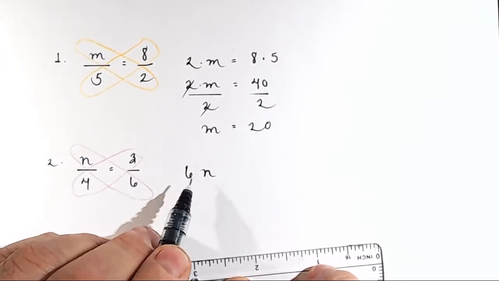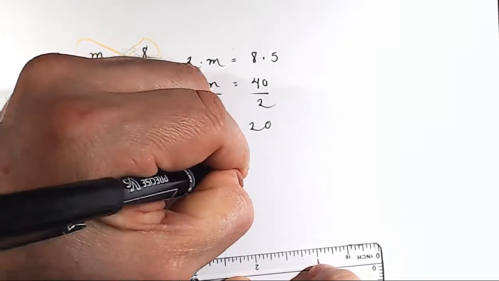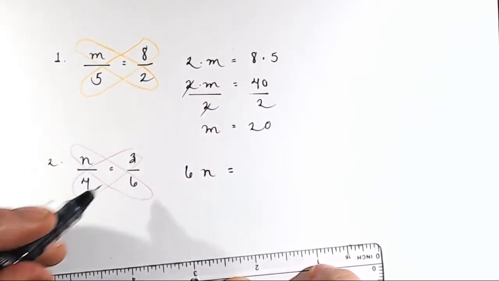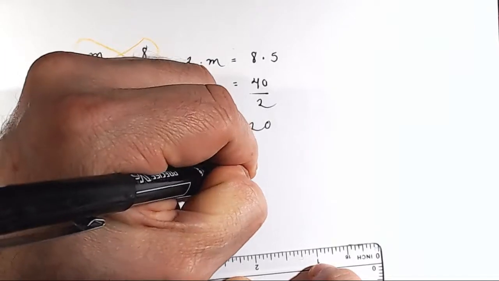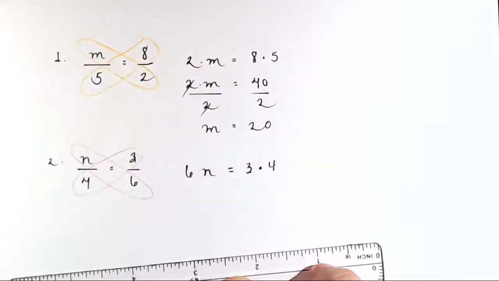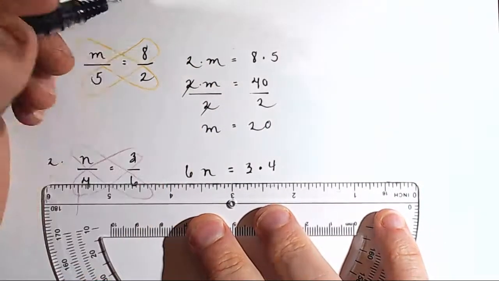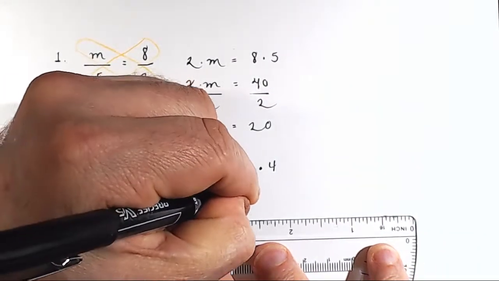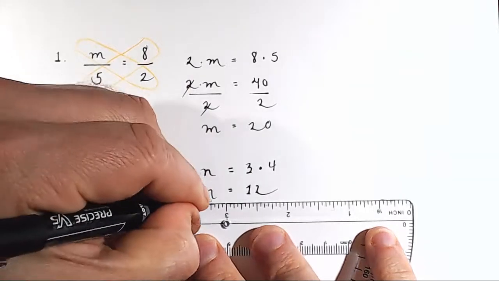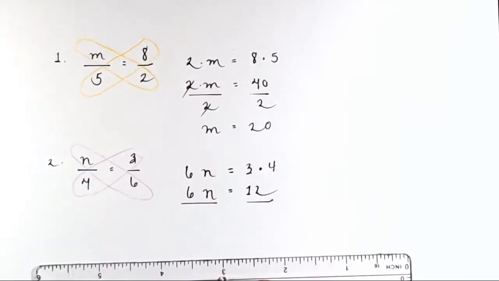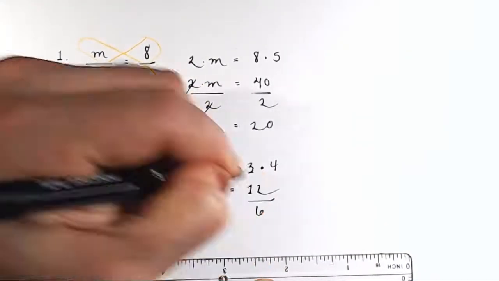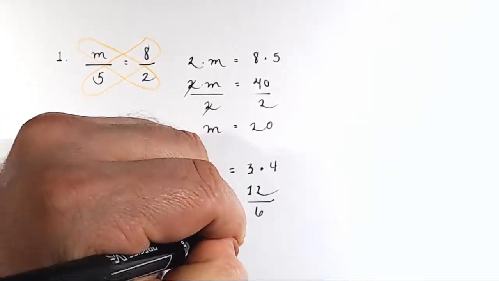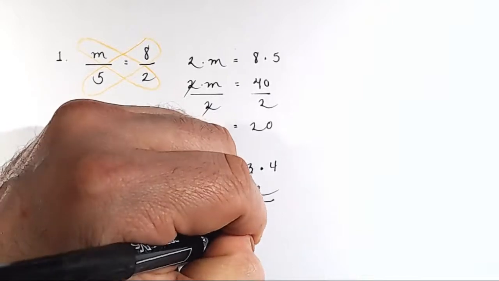The coefficient goes in front of the variable, even when it's n times 6, you write 6n. Then 6n equals 3 times 4, and that means 6n is equal to 12. Then we divide both sides by 6. The 6's cancel, and we get n equals 12 divided by 6, which is 2.